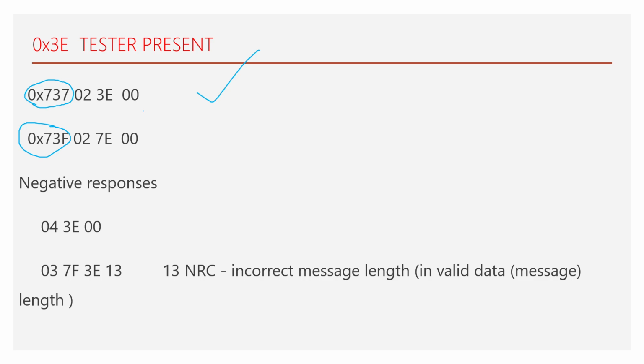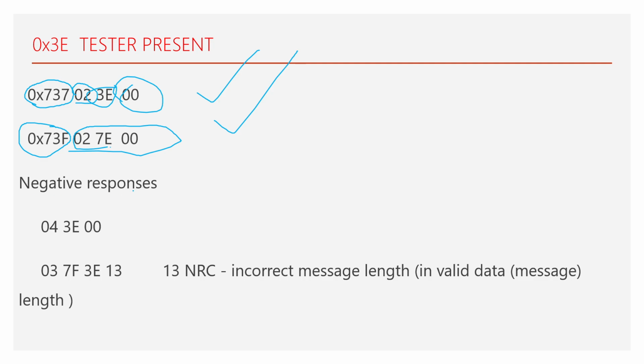Next, 7E is the response ID. Here I am using 02 3E 00. I added tester present, right? It is a tester present, so I will get the positive response. This is the positive response of a tester present, right?